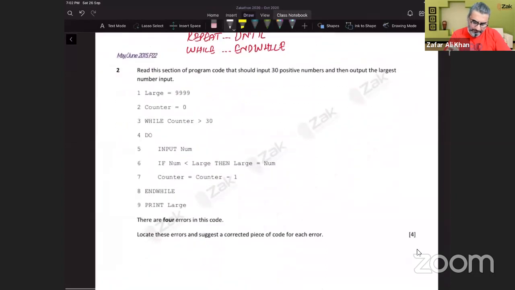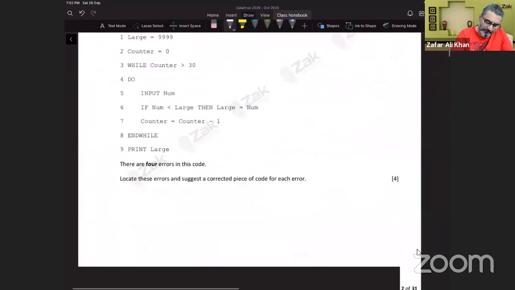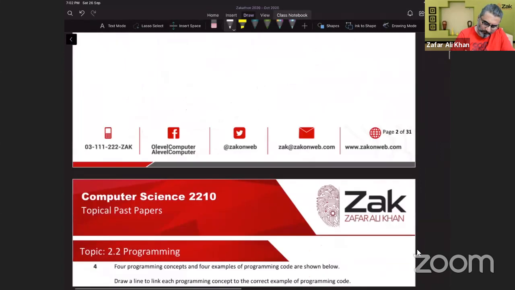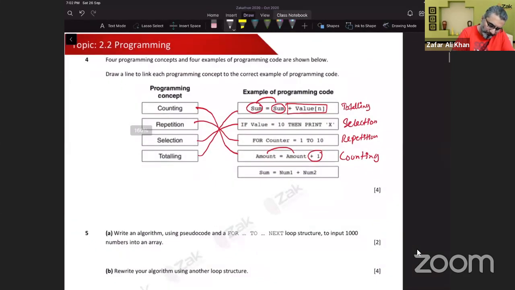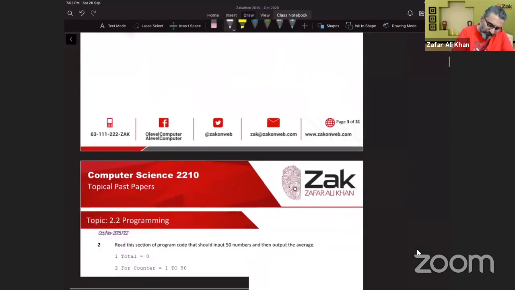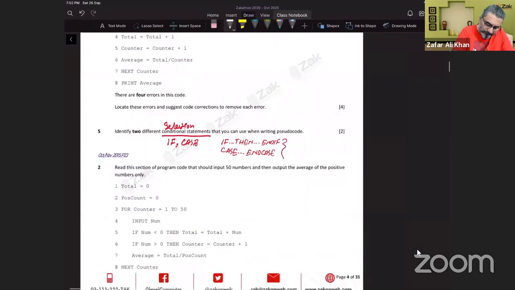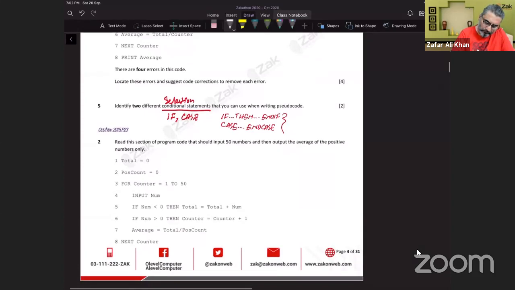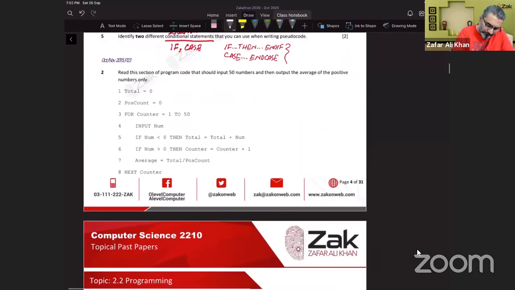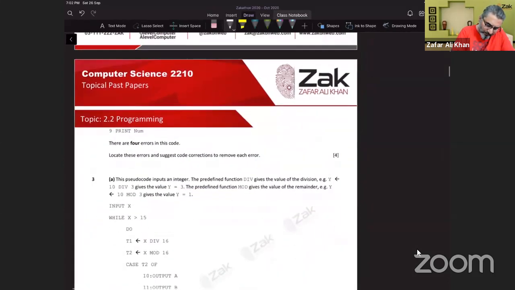Now, this question with prompts. Output, enter a number. Input, a number.